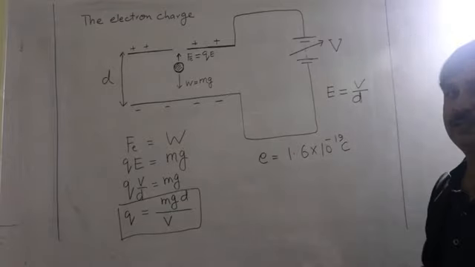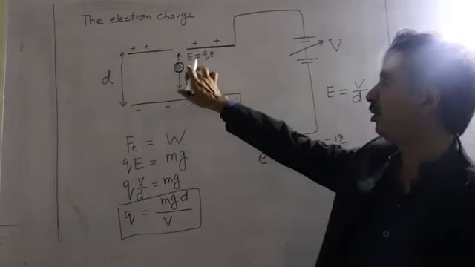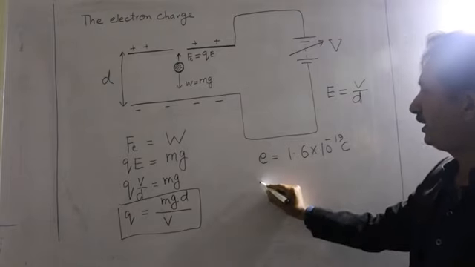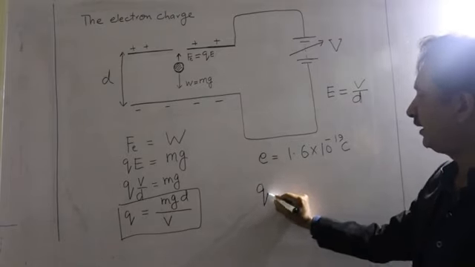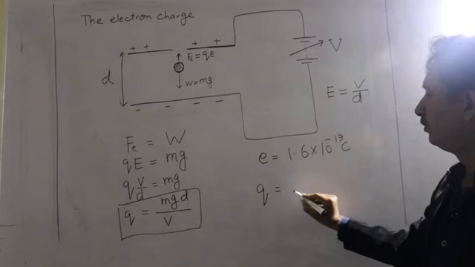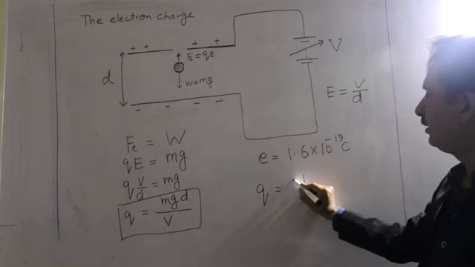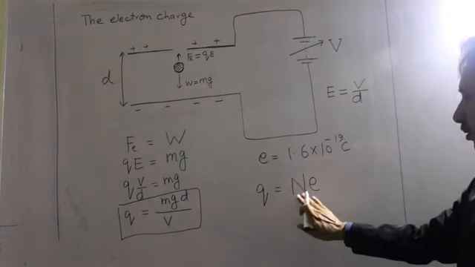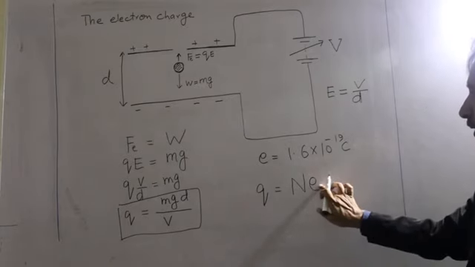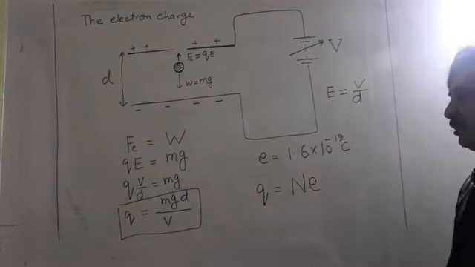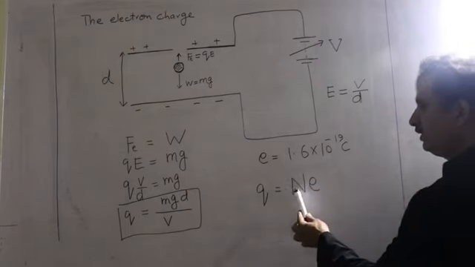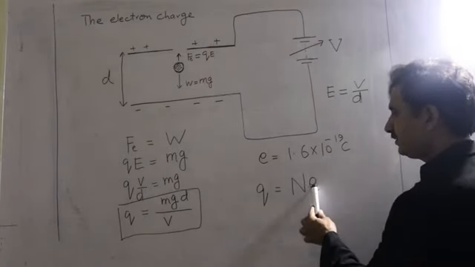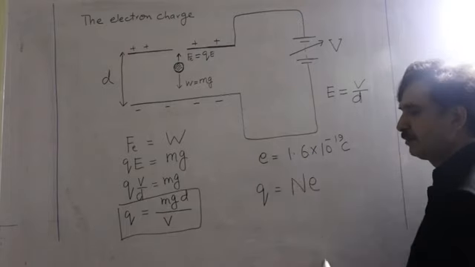Whenever he found the charge on an oil droplet, he found that Q is equal to ne, a whole number times e. The charge was always an integral multiple of some specific value e.